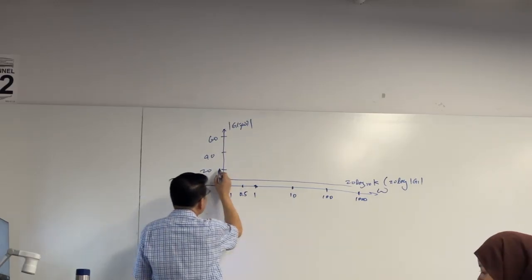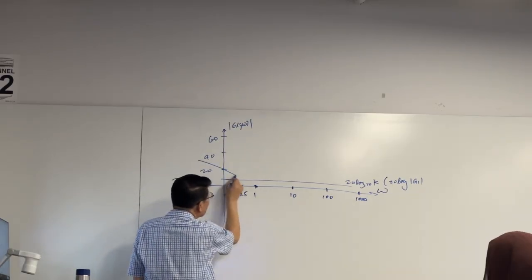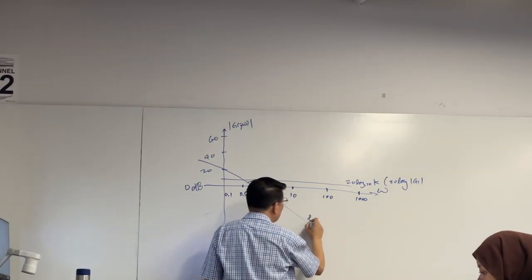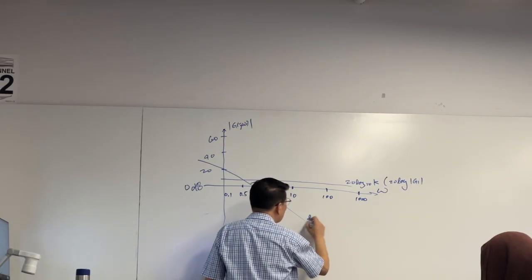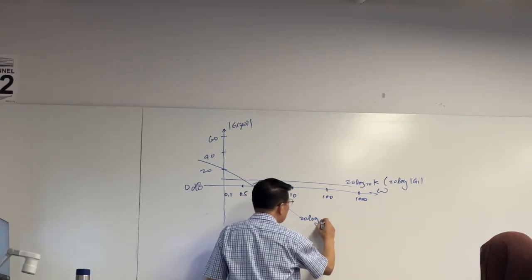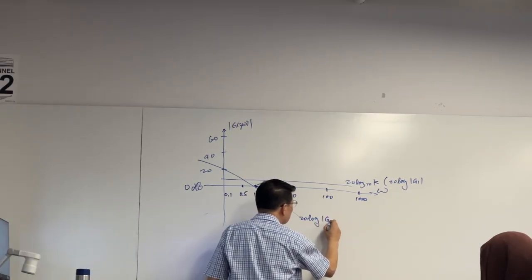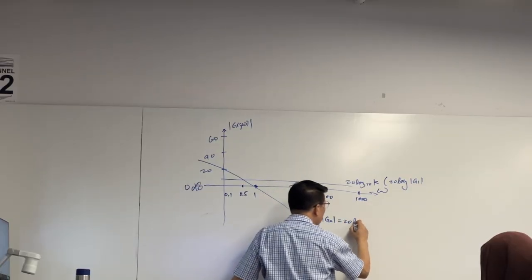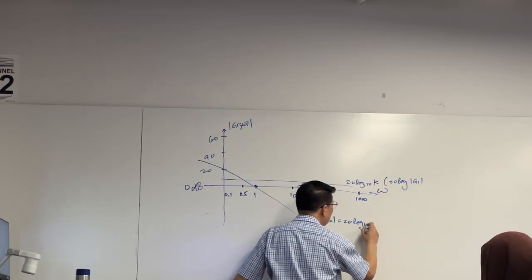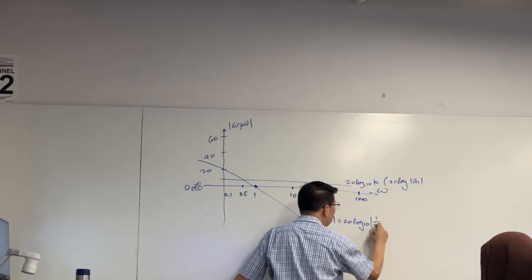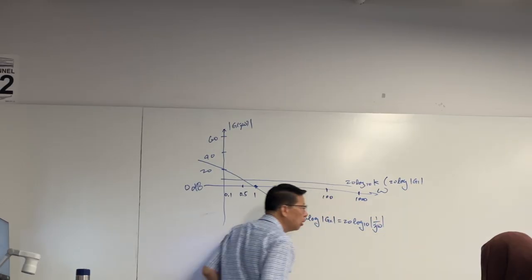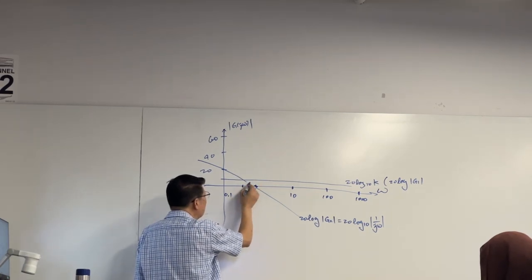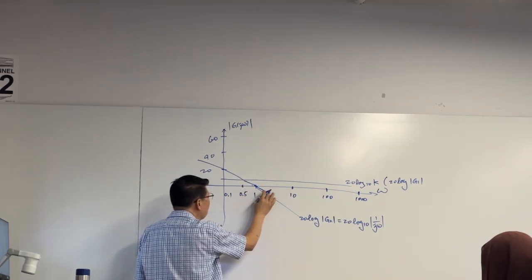So the second one is passing this. So this one is 20 log of G2, which is equal to 20 log base 10 of 1 over j omega. So you will pass through 0 decibel at this one.